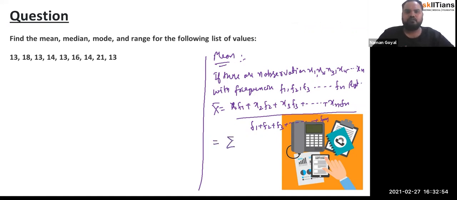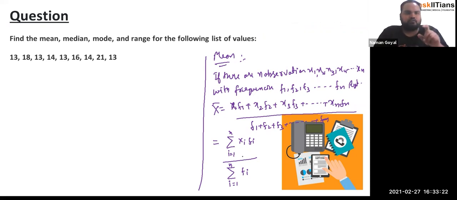Summation is what we use when we want to add a series: summation i from 1 to n of xi fi upon summation i from 1 to n of fi. The summation makes addition in a loop.